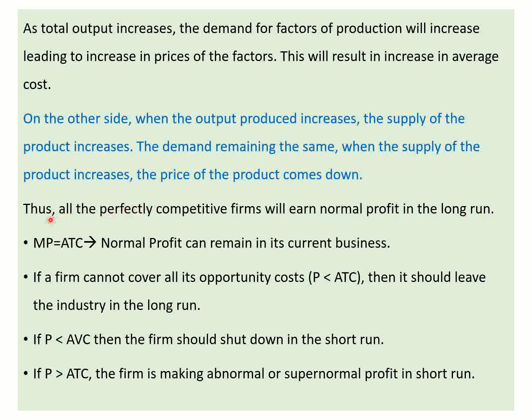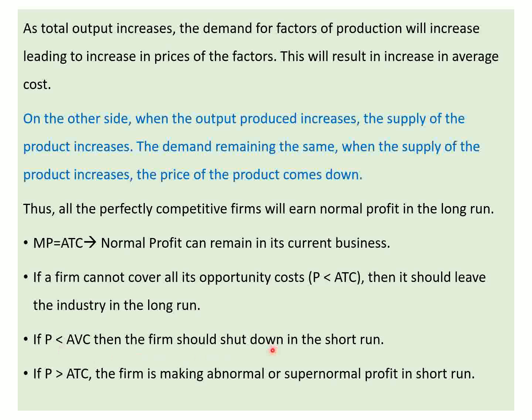As I said before, when market price equals average total cost, that is normal profit, the firm can remain in its current business. If the firm cannot cover all its opportunity costs, that is, price less than average total cost, then it should leave the industry in the long run. If the price is less than average variable cost, then the firm should shut down even in the short run.